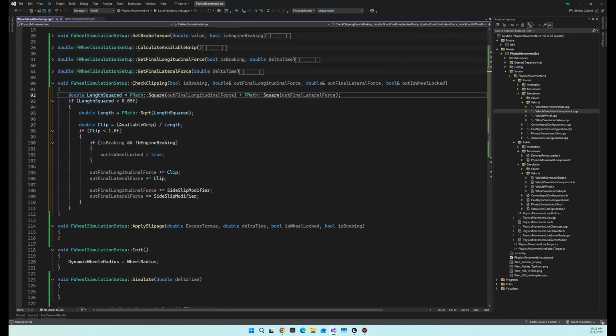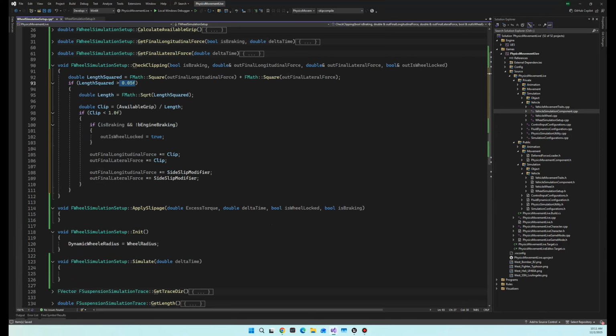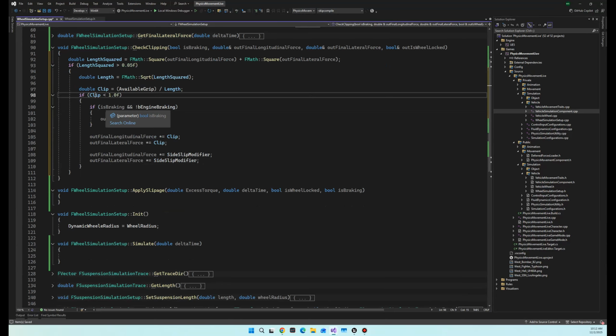Then we're going to see if it's greater than 0.05, and from there we'll get the square root of the length, and then we'll take the available grip to our tire and divide that by the length to get our clip value. If our clip value is greater than 1, we don't care. We're not going to do any of these modifiers.